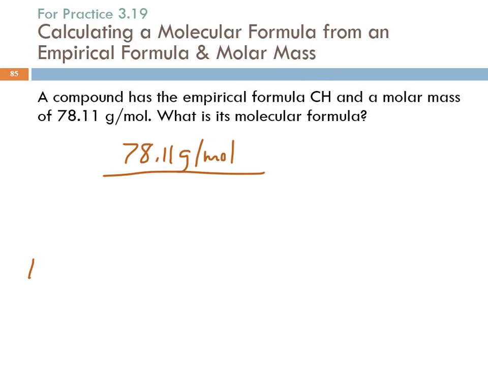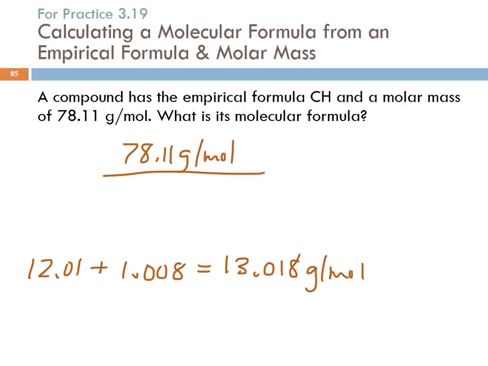So the formula mass is 12.01 plus 1.008, which I think should be 13.018 grams per mole. So if I put that in there, again, don't round off a whole bunch of stuff. So 78.11 divided by 13.018 equals 6.